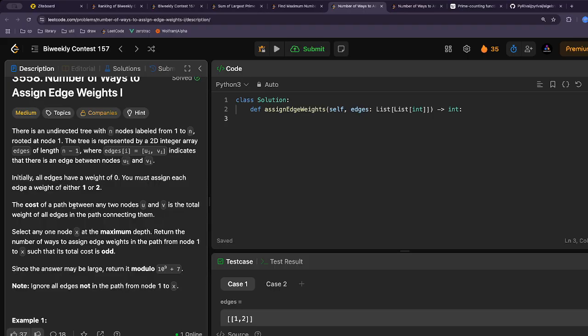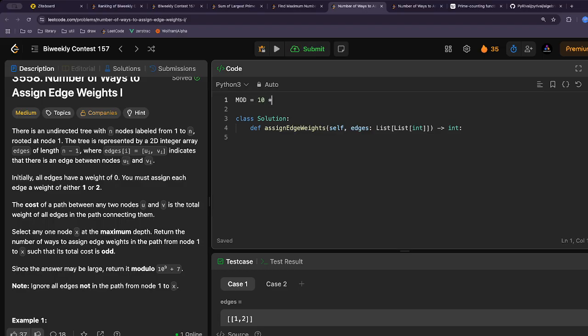The cost of a path between any two nodes, u and v, is the total weight of all edges in the path connecting them. Select any one node x at the maximum depth. Return the number of ways to assign edge weights in the path from node 1 to node x, such that its total cost is odd. And return it modulo. Okay, so modulo, let's write this down so we don't forget.